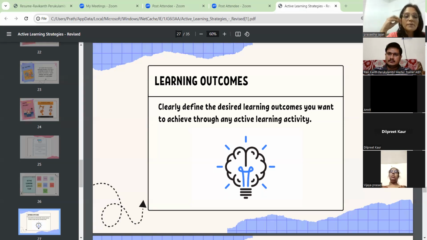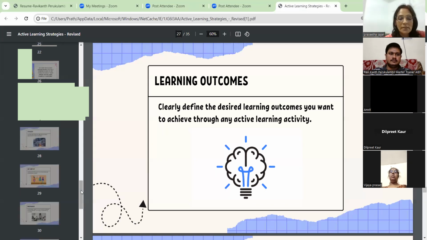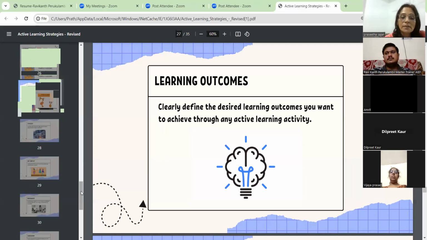So whatever strategy you use, you have to choose accordingly. What are you planning to do? If you have taught for 10 minutes, then what kind of activity? If you are drawing a diagram or deriving an equation, you can use the missing part.